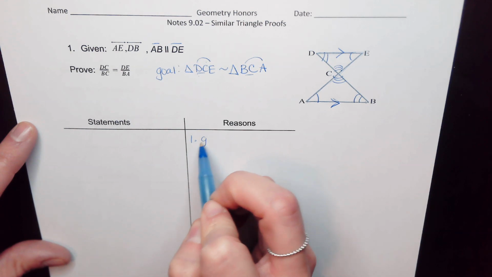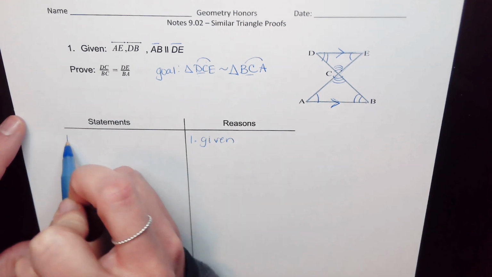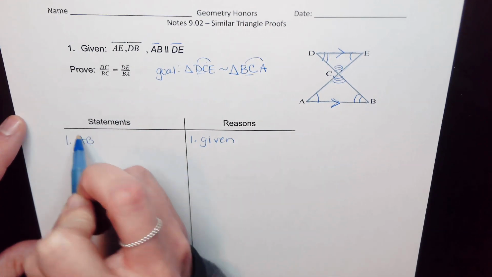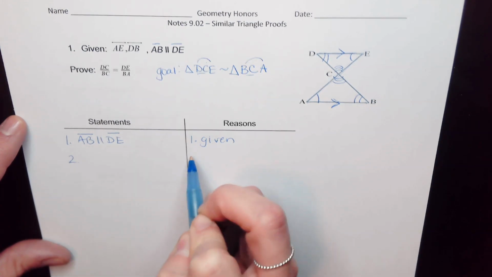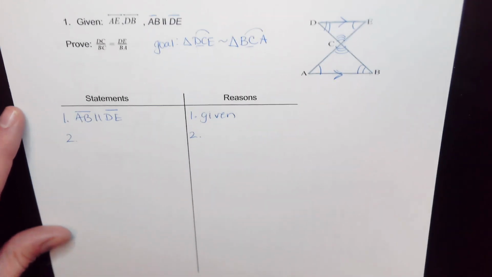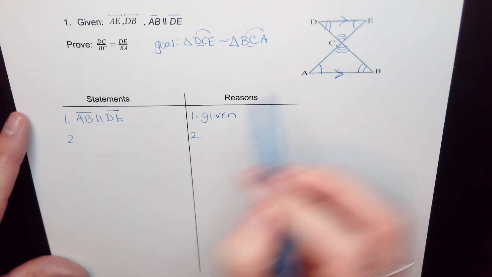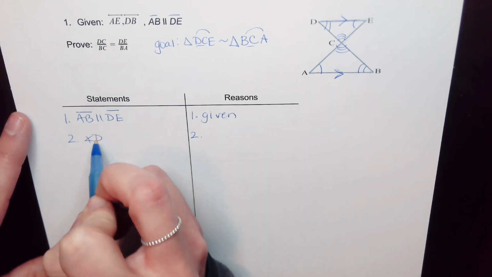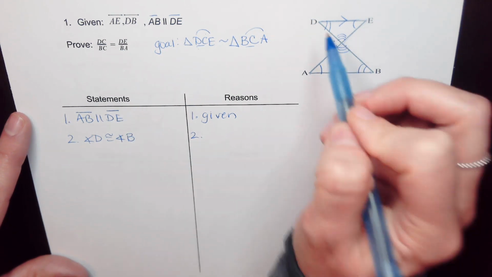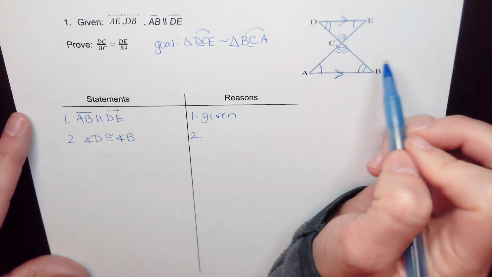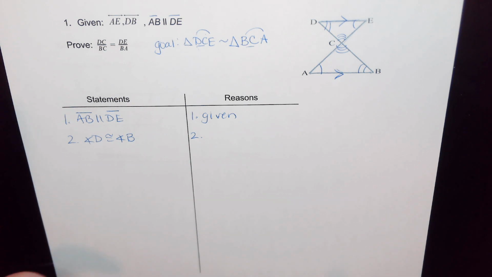All right, so first we'll start with our givens. So we've got segment AB parallel to segment DE. So from there, we can now conclude that angle D is congruent to angle B. So I am allowed to use one letter on these. If you wanted to put a number in each of them, that's fine too. Or you can name them with three letters.